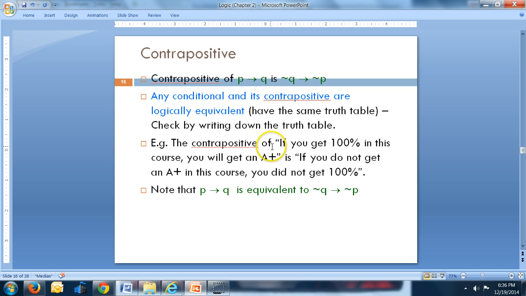The contrapositive of "if you get 100% in this course, you will get an A+", that is the conditional statement. Now the contrapositive, which is not Q then not B. Not Q means if you do not get an A+ in this course, this means that you did not get 100% on the course. That is the contrapositive.